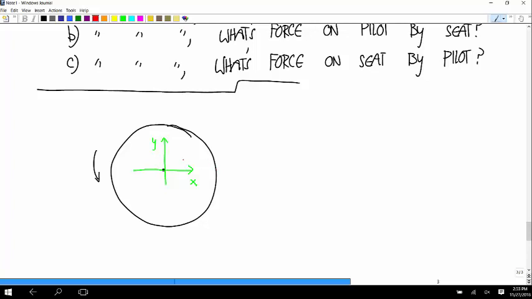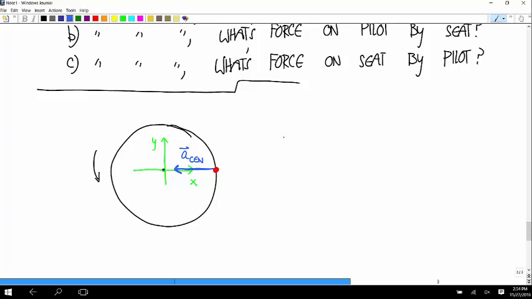In this problem, we're told what point we need to investigate. So I'm going to put that right here. Now draw a vector from that chosen point toward the center of the circle. So there's the centripetal acceleration. And that's in the negative x direction in this case.